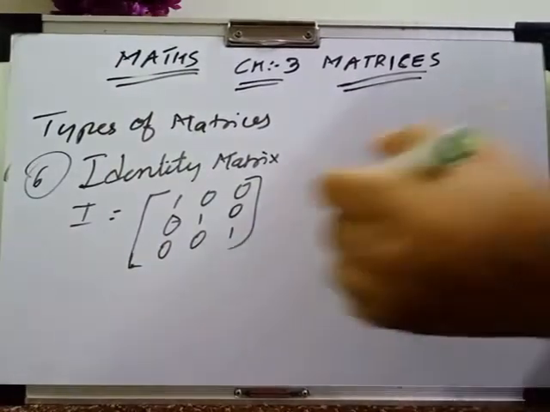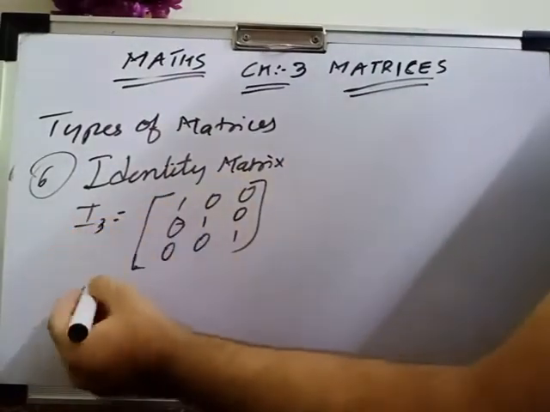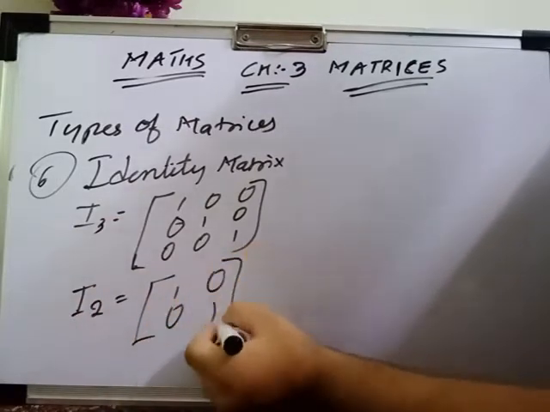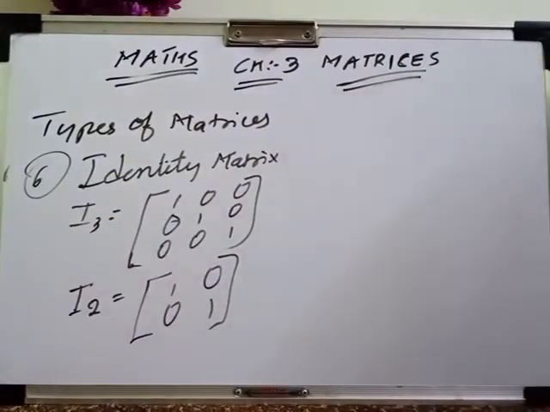This can be said as I3, and I2 can be written as 1 0 0 1. Identity matrix is also a square matrix, so you will have elements as 1 on the principal diagonal, and the rest all will be 0.